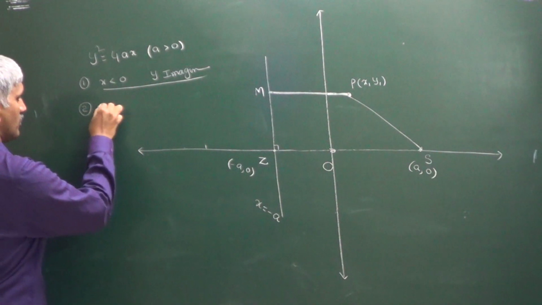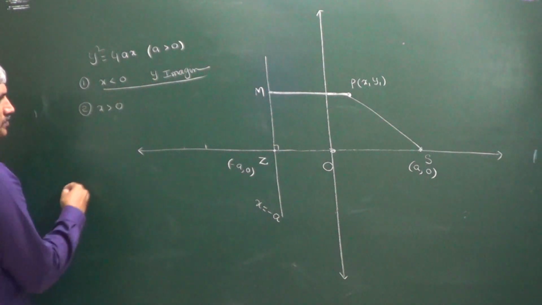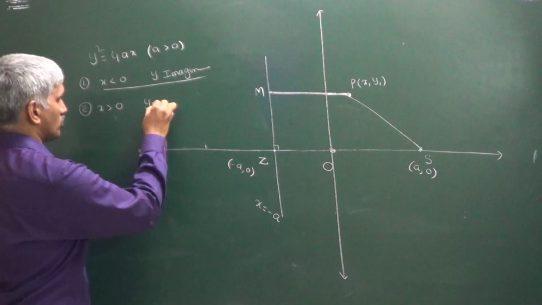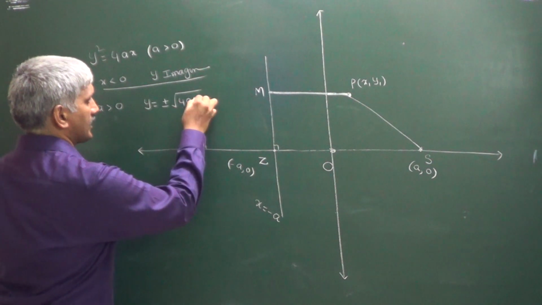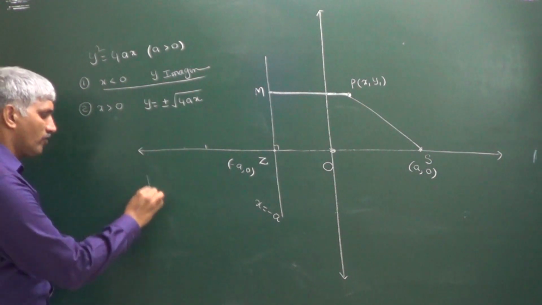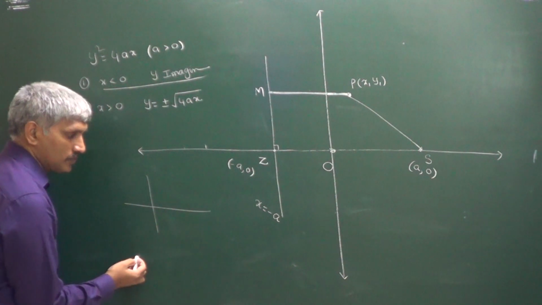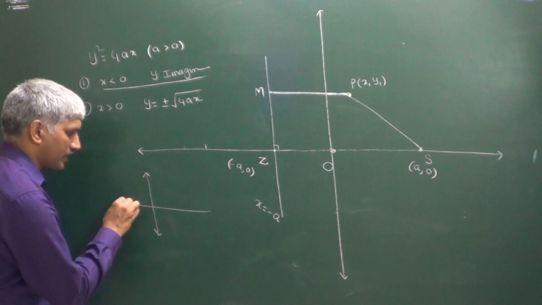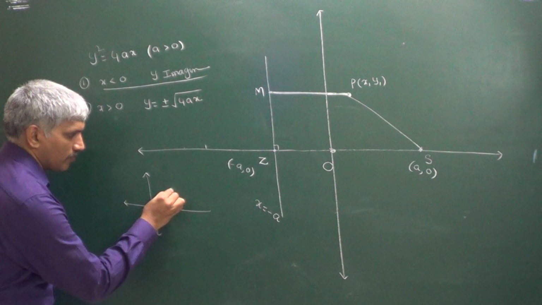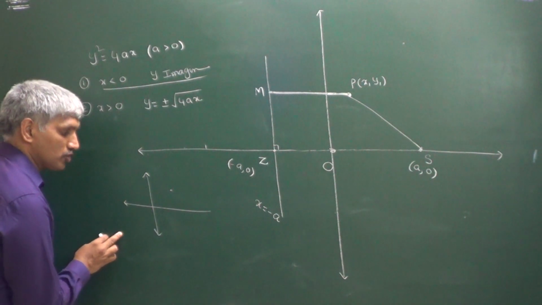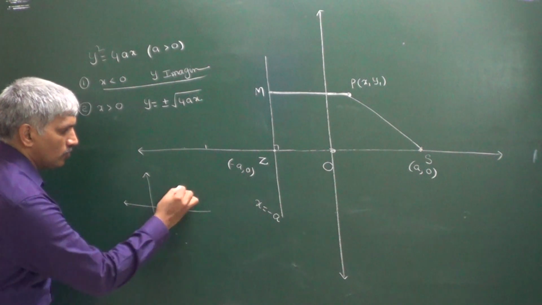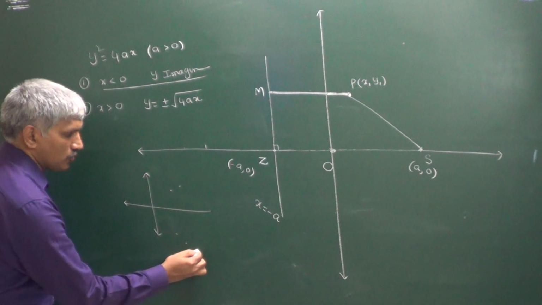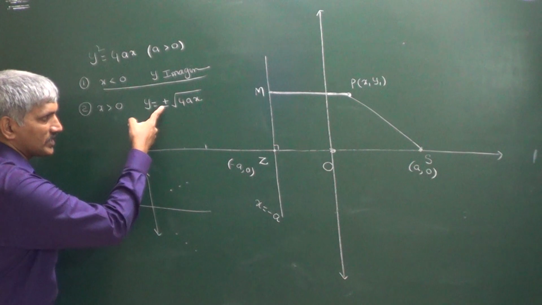Second point is when x is greater than 0, you will get y equal to plus or minus root of 4ax. So what is the meaning of this? For positive values of x, for every value of x, one positive y value exists and one negative y value exists, because we are getting plus or minus.